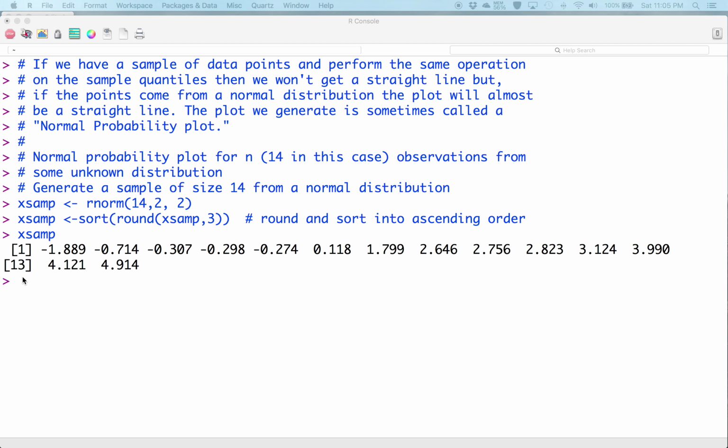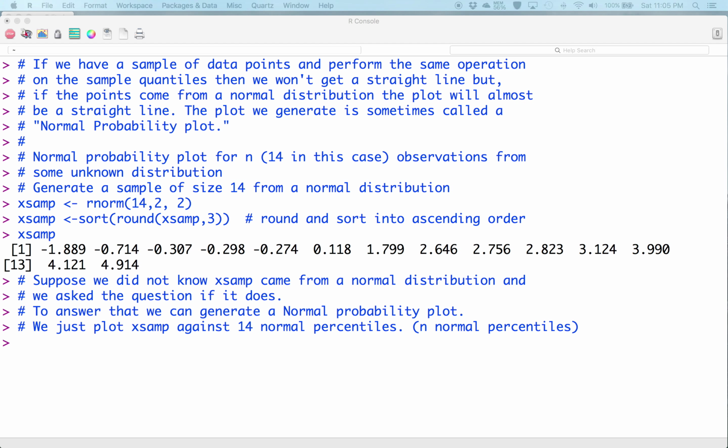I'm going to plot this against a standard normal. So I'm going to try to generate 14 standard normal percentiles to plot against this. The question is, which ones?